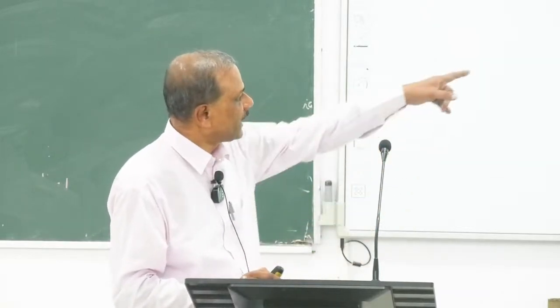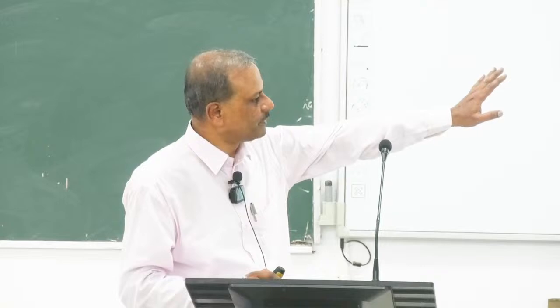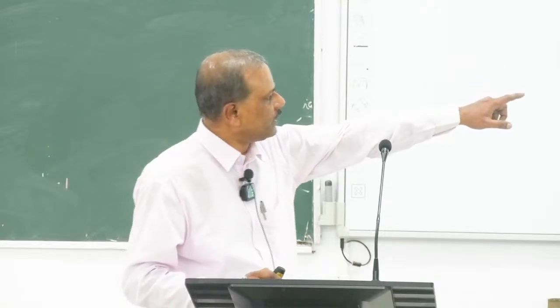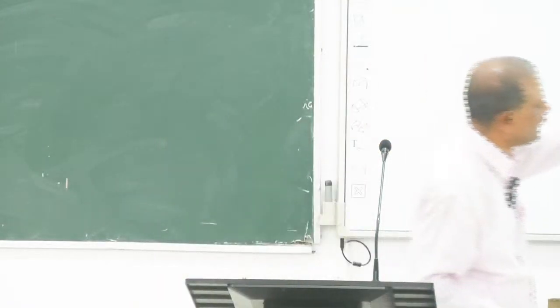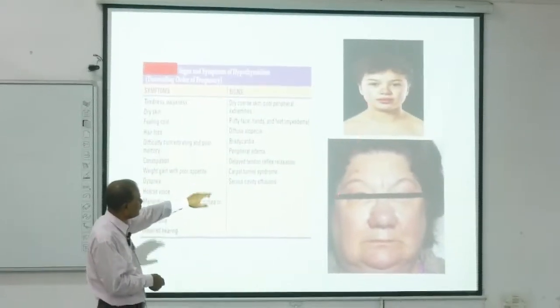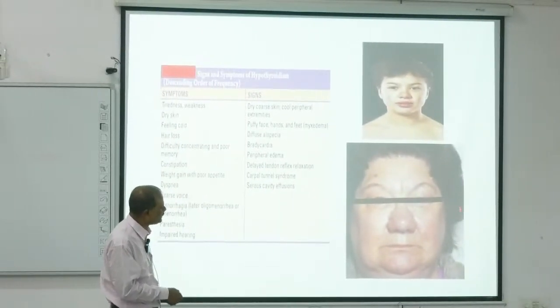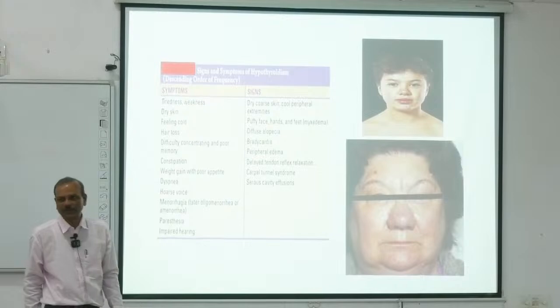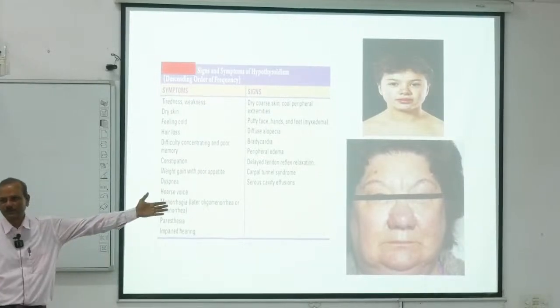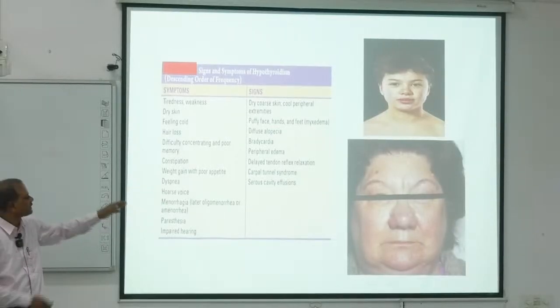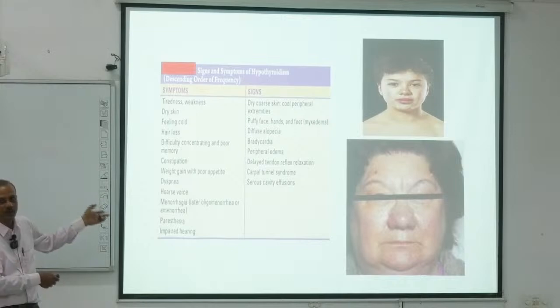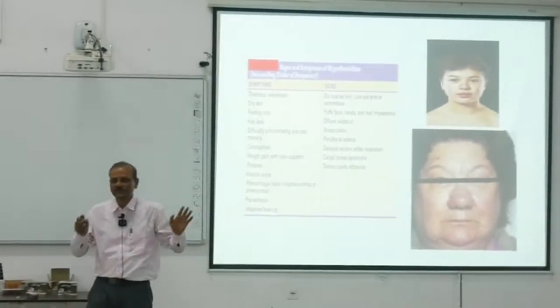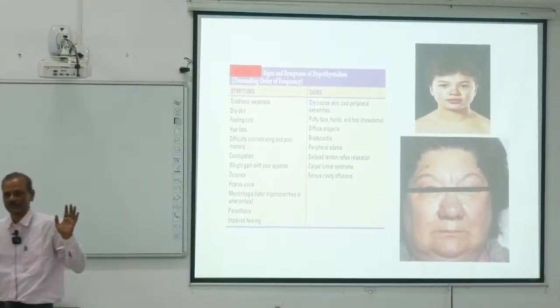Next. So in adults, just by looking backward, see this type of picture you will definitely get. So this is from a foreign country, so you will get this type of picture. Now this type of face doesn't indicate that the patient is having hypothyroidism. You will see this type of. So these symptoms will appear when the disease is quite advanced.